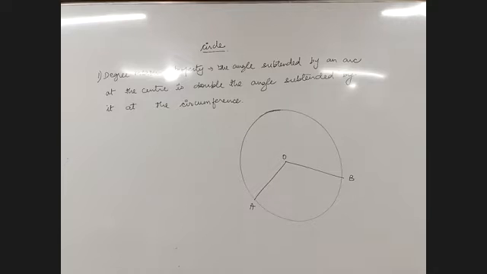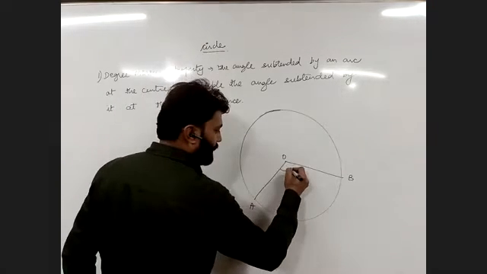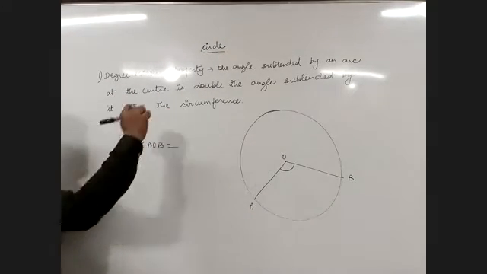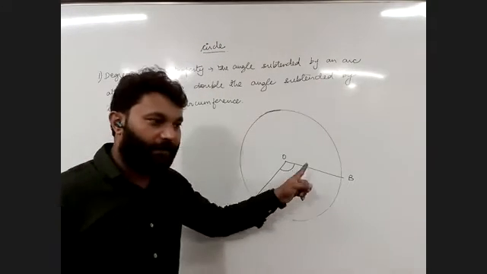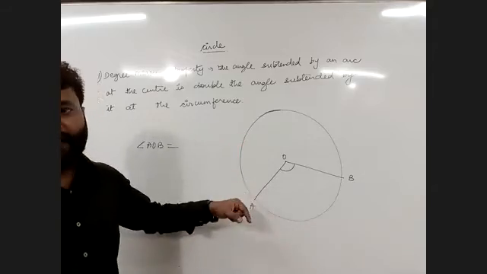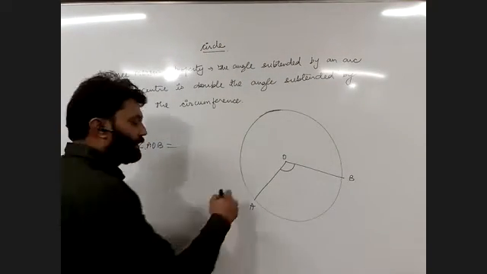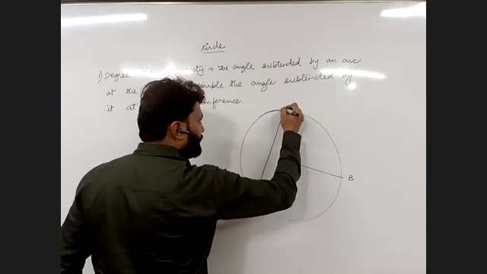So angle AOB is the angle made by this arc at the center. The statement is the angle subtended by an arc at the center is double the angle subtended by the same arc at the circumference.